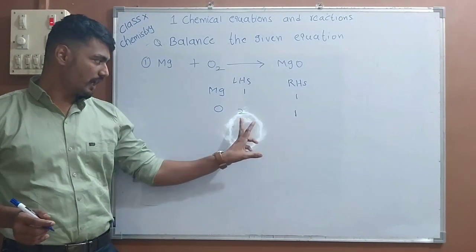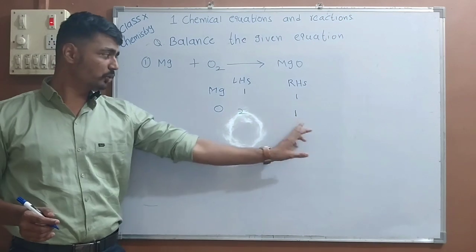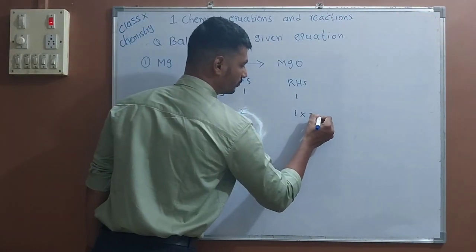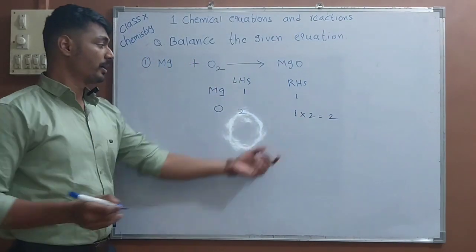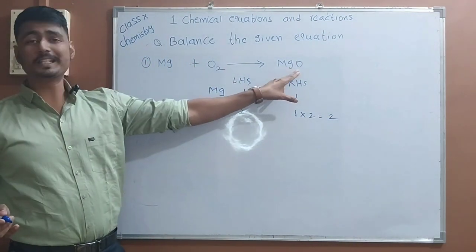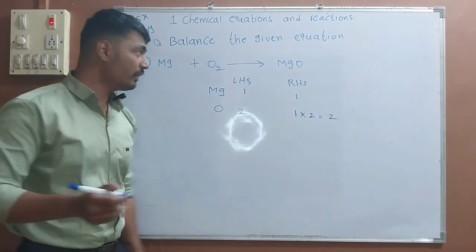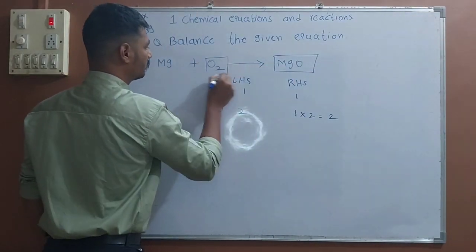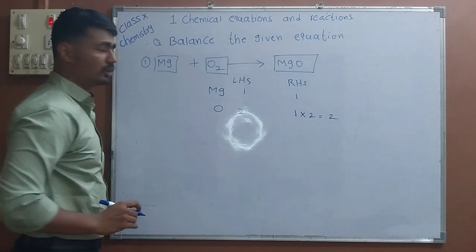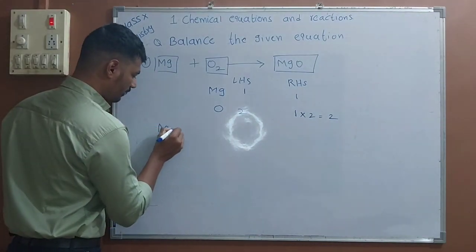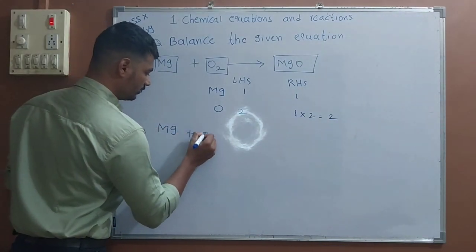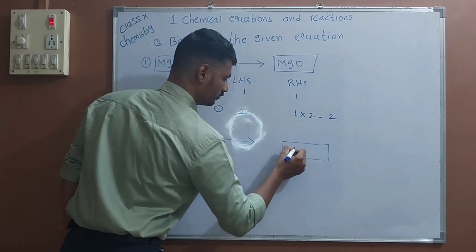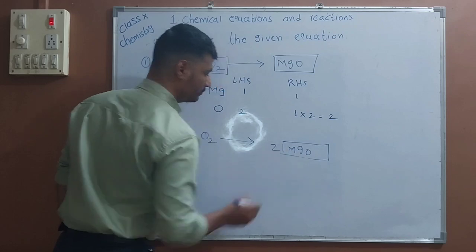Suppose I want to make the oxygen atoms 2 and 2 equal. So what can I do? I will multiply this 1 by 2 so that I get 2. But to multiply this oxygen by 2, I have to multiply the entire compound. So it will be Mg plus O2 giving 2MgO.